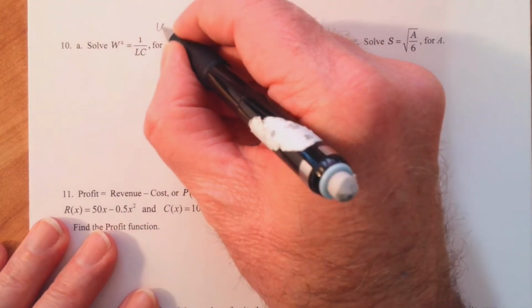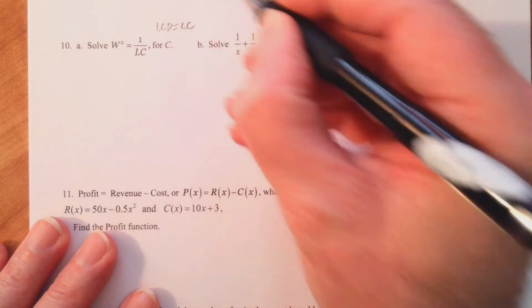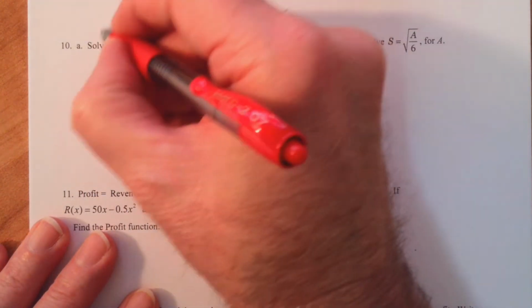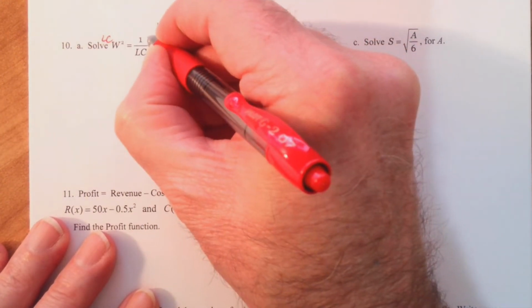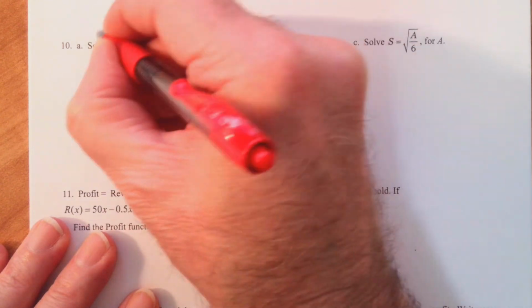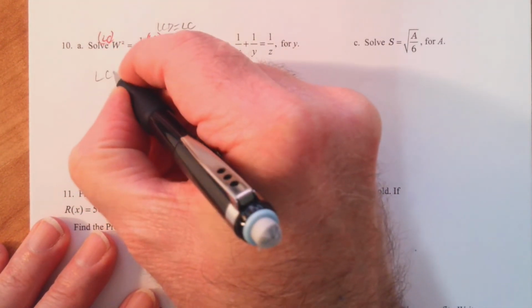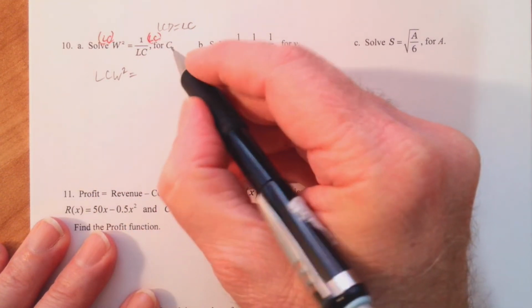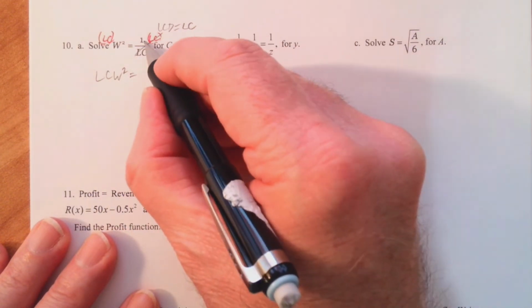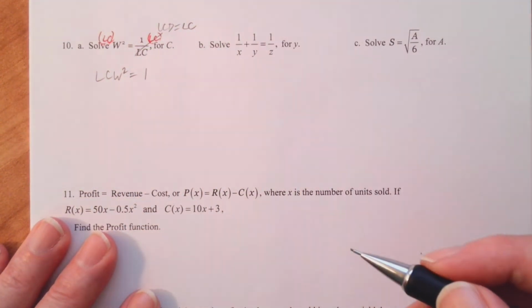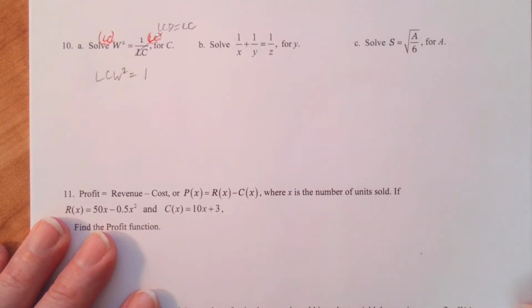The LCD is LC, so we're going to multiply each side by LC. So on the left, you're going to have LCW squared, and on the right, the LC's cancel, and you're left with just 1.